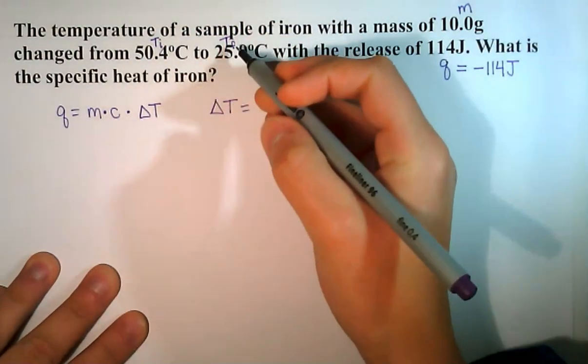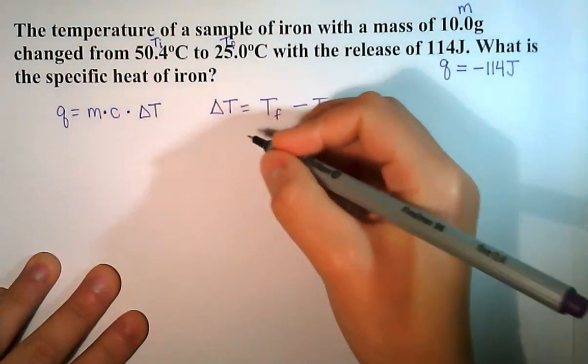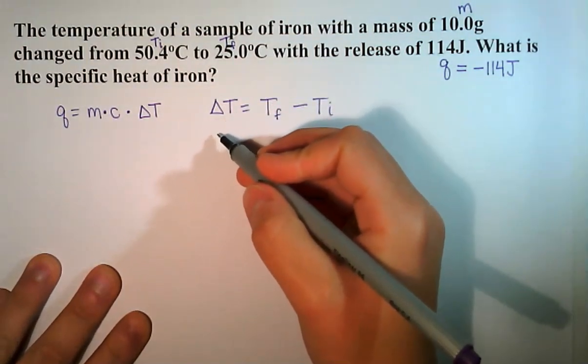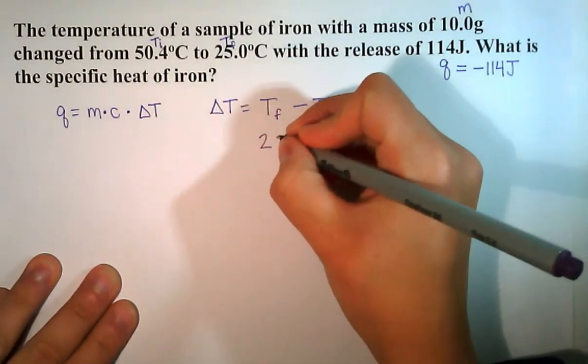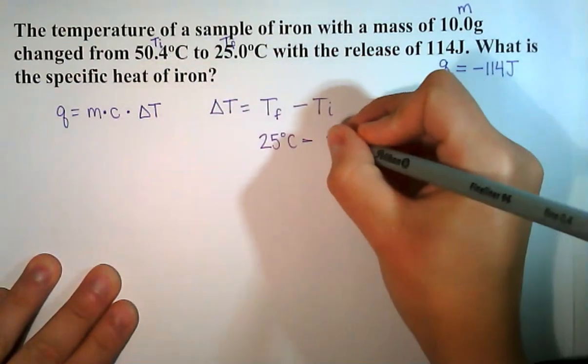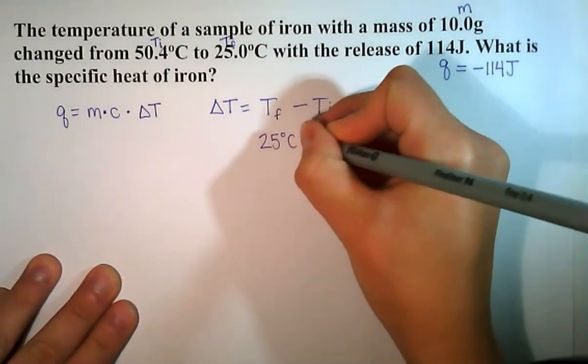And we might notice here that the final temperature is lower than our initial temperature, meaning that our temperature change, our delta T value, is going to be a negative value. So our final temperature is 25 degrees Celsius minus an initial temperature of 50.4 degrees Celsius.